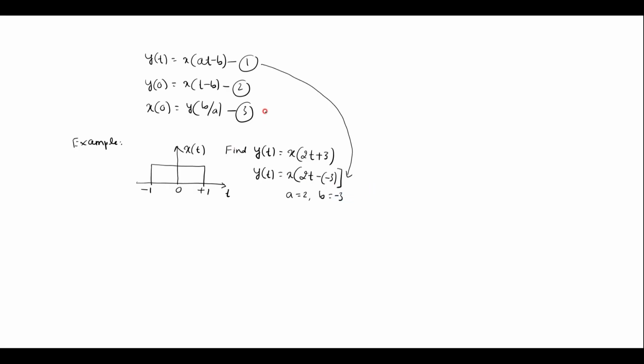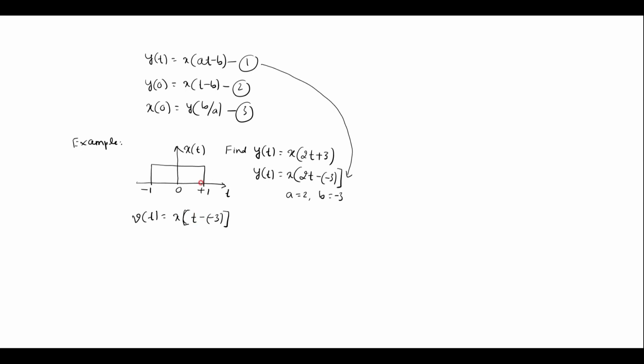So according to the precedence rule, we are supposed to perform the shifting operation first. The intermediate signal v of t is given by v of t is equal to x of t minus of minus 3.